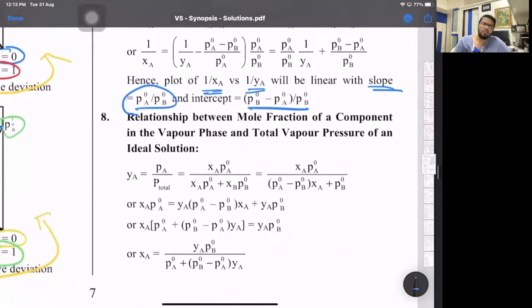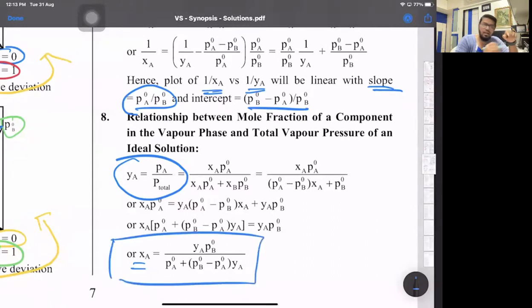Then the relation between the mole fraction of one component in the vapors and the total vapor pressure: if you equate both, Y of A, that is the mole fraction in the vapors, will be the pressure of A upon the total. And that, if we equate, comes as X of A, mole fraction, is equal to P naught B into YB upon P naught A plus the difference between the vapor pressures of B and A into YA. That is one.